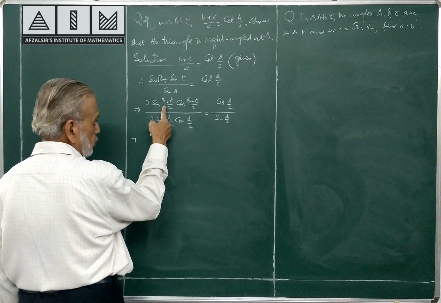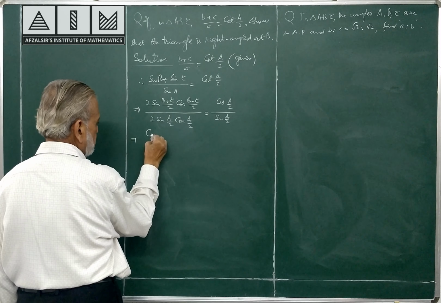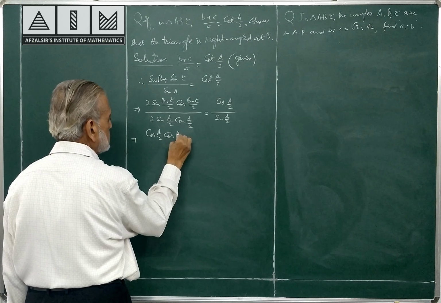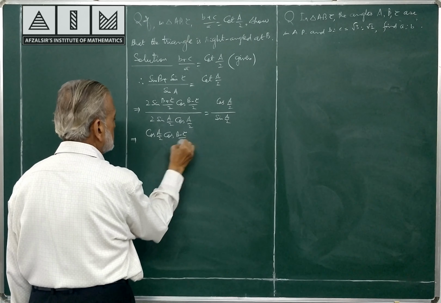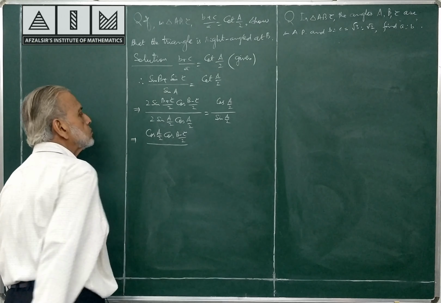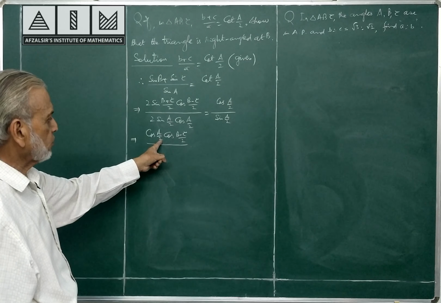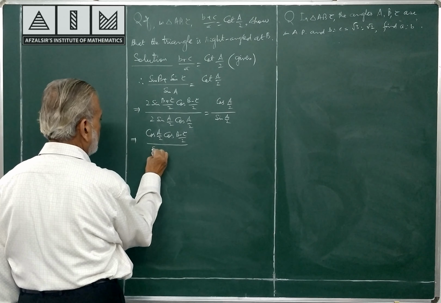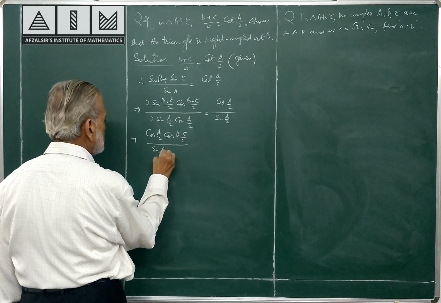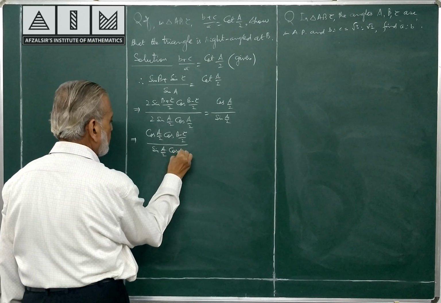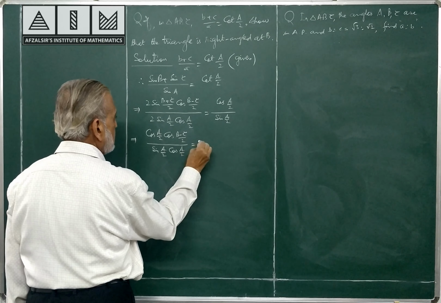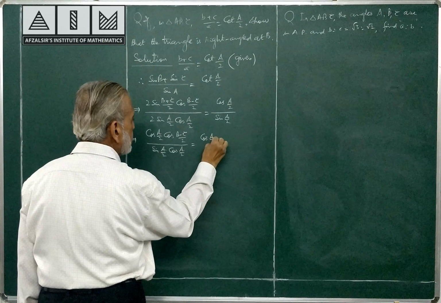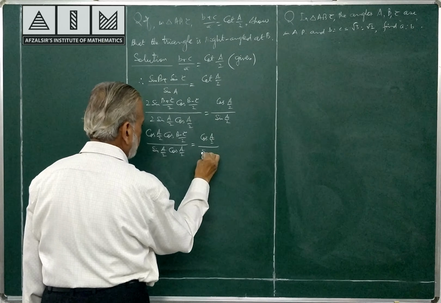2 cancels. You know sin B plus C by 2 is cos A by 2. Sin B plus C by 2 is cos A by 2, cos B minus C by 2. This is sin A by 2, cos A by 2 is equal to cos A by 2 by sin A by 2.